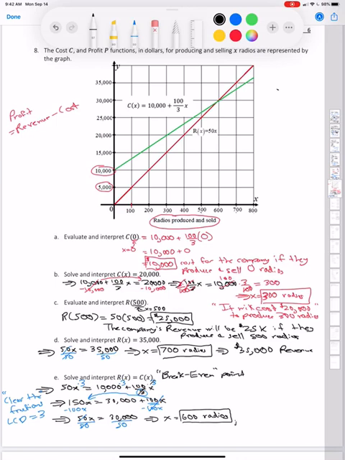Revenue will equal cost at $30,000, or profit is 0. So that, again, is the break-even point.